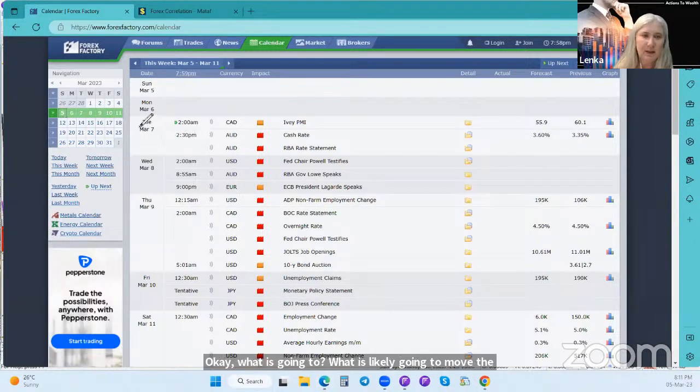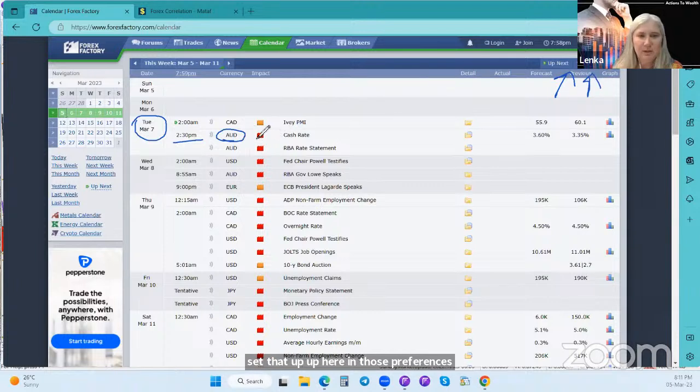And I can see that on Tuesday at, well, that's 2:30 my time, whatever time that is at your location, you can set that up here in those preferences. I'm looking at AUD cash rate. Okay, that's high impact news and RBA statement, which are likely to move the market.